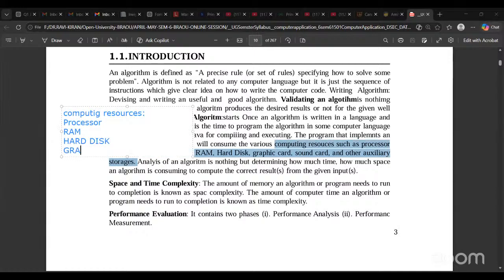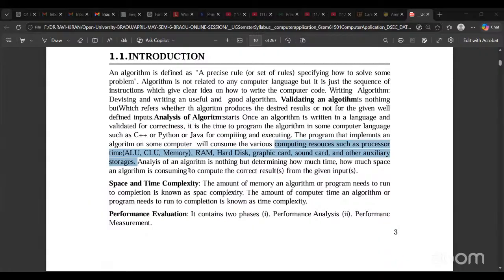The next one is graphic card. The next one is sound card. And the next one is storage. These are the resources required to implement that algorithm program.